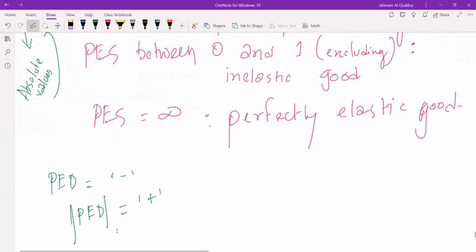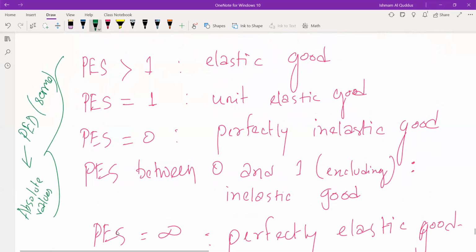So when you take the absolute values, it is exactly the same. So PES greater than 1 is elastic good, whereas remember the absolute value of PED greater than 1 was also elastic good. So how the values of price elasticity of supply represent different types of goods is quite the same as how the absolute value of price elasticity of demand did.